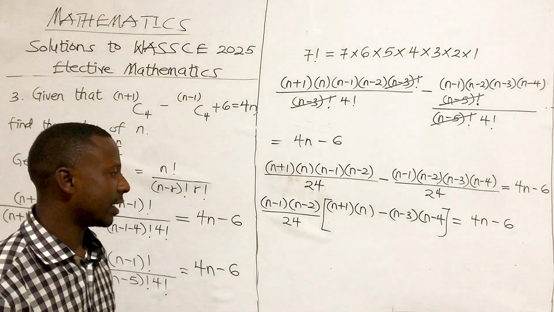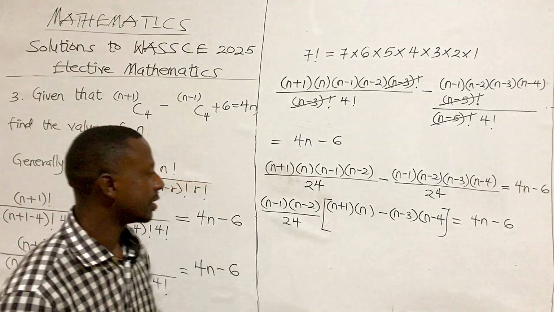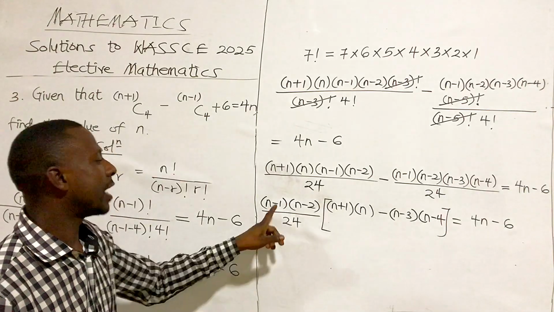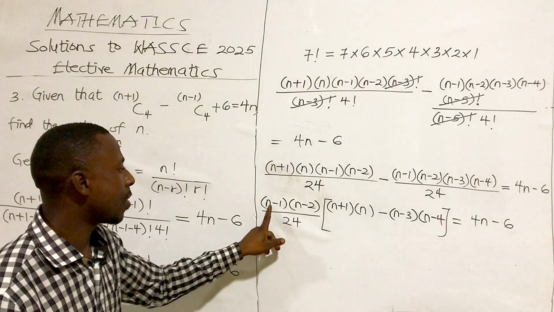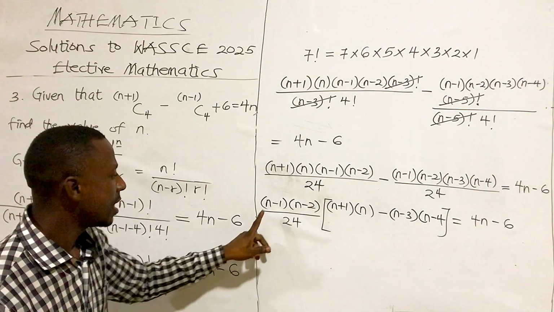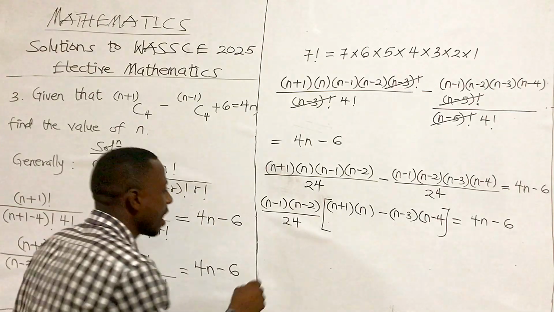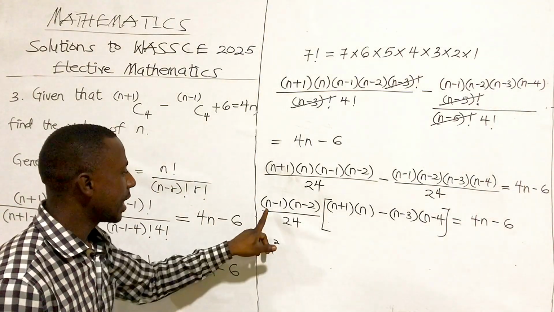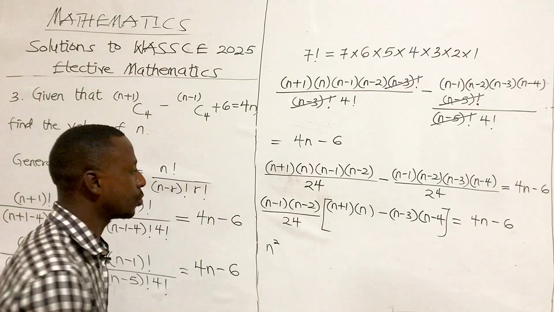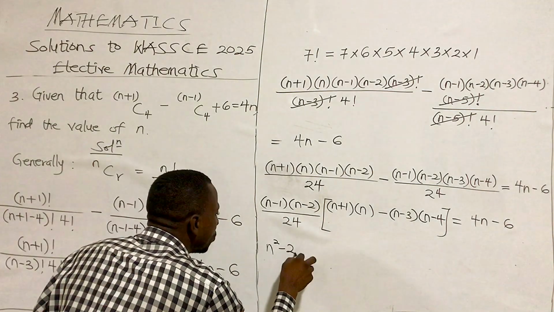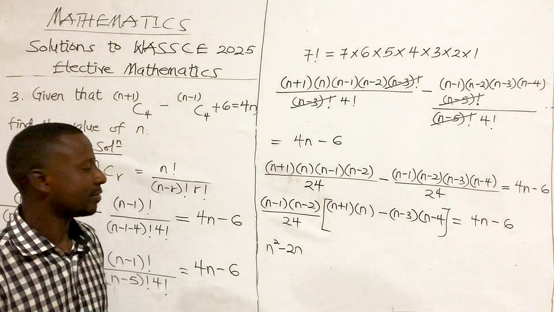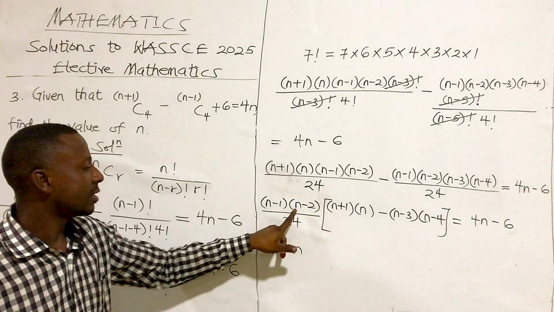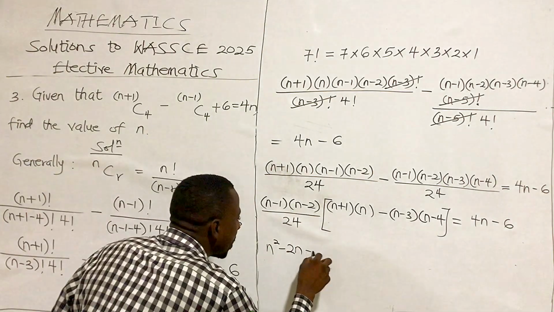So when we get here, we need to expand this as well as this. So now I'm going to start with expansion here. n times n, I have n squared. n times minus 2, I have minus 2n. Negative 1 times n, I have minus n.